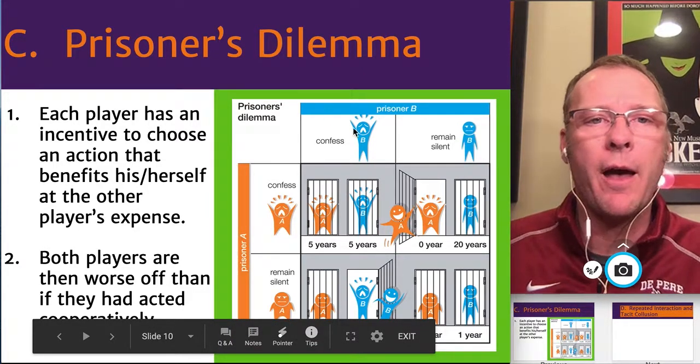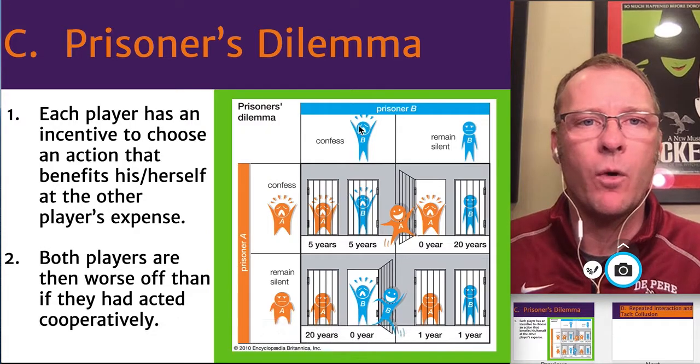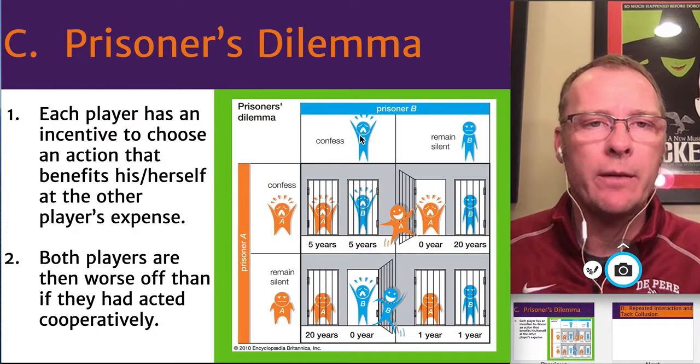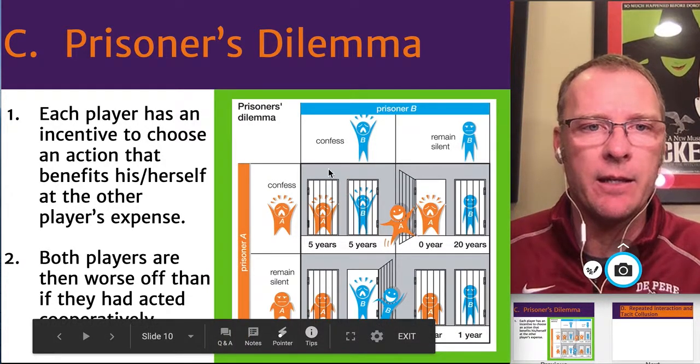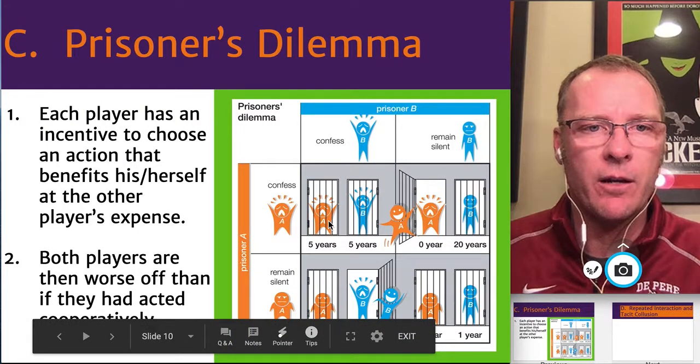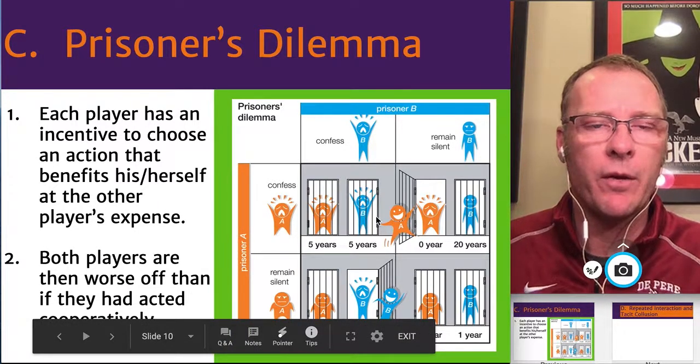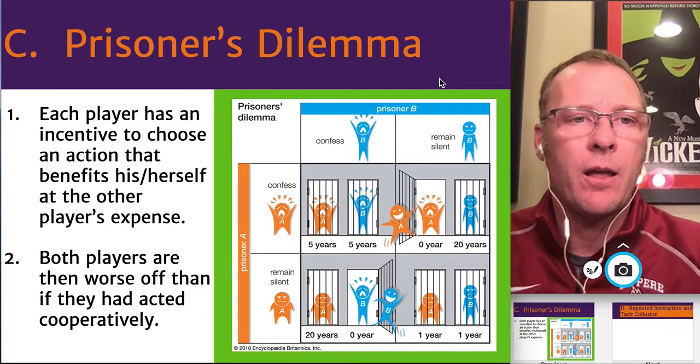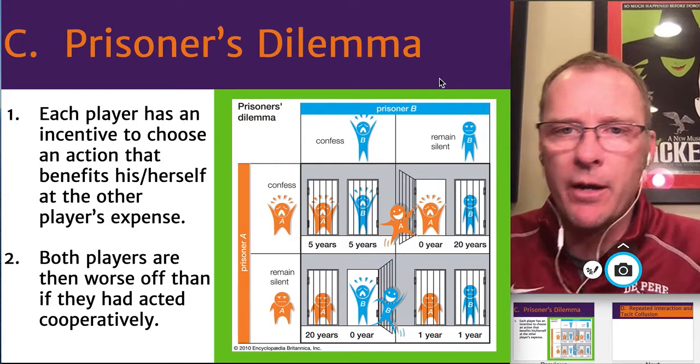So both times, prisoner B is going to want to confess. Knowing that prisoner B is going to be in this column, prisoner A now has a choice between going for 5 years here and going for 20 years down here. They're going to pick 5. We're going to end up with a confess, confess.